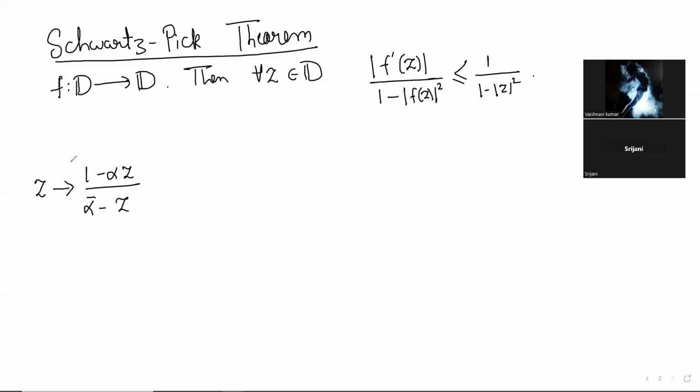So you take this, with the condition that this is equal to 1, then this is an automorphism. Let's call this psi alpha. Then firstly you have to check that psi alpha is from D to D.